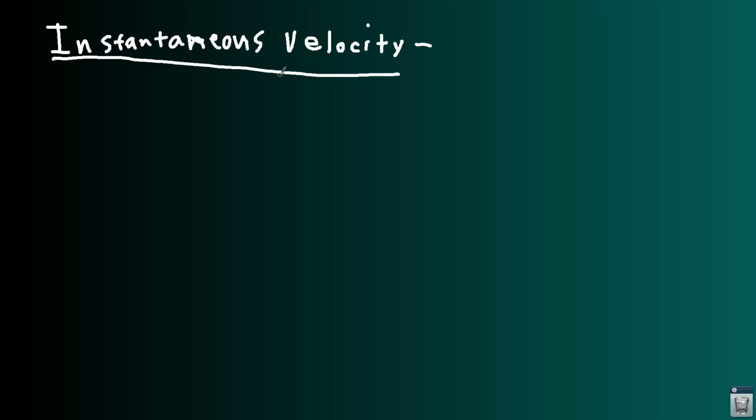Instantaneous velocity. Symbolically, it looks like v equals the limit. Again, calculus folks, this is familiar. Limit as the change in time approaches 0 of the change in position compared to the change in time.